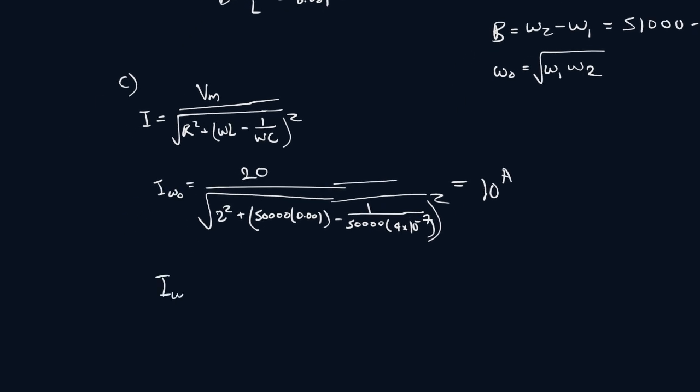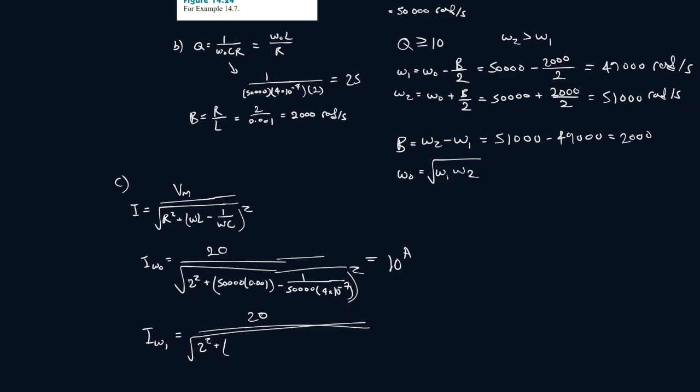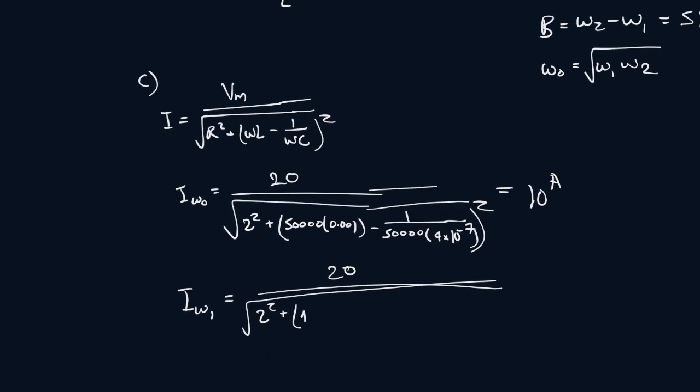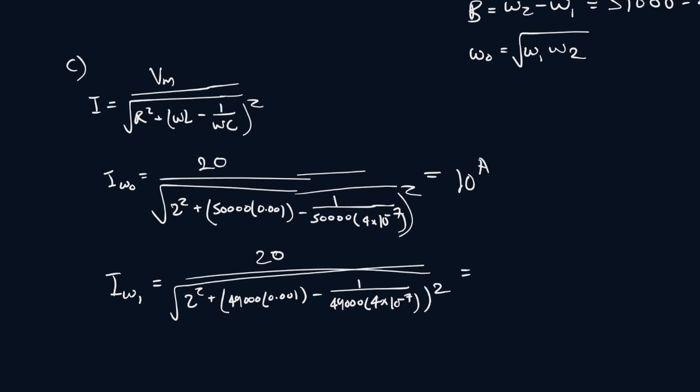Now for I at W1, it's pretty much the same formula again, but instead of 50,000, we use 49,000. And that should give you 7.035 amps.